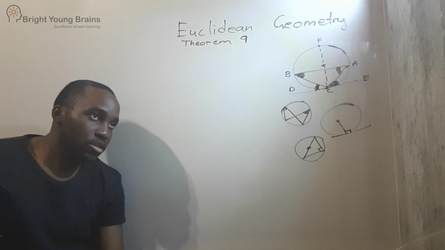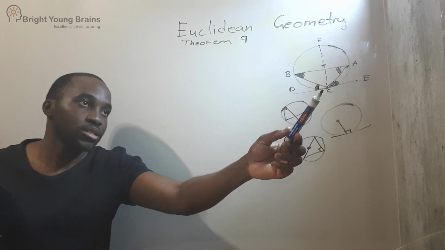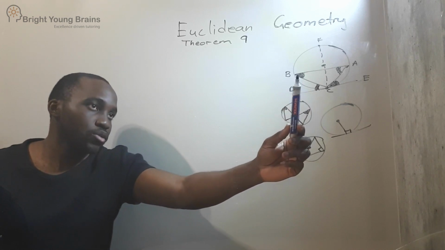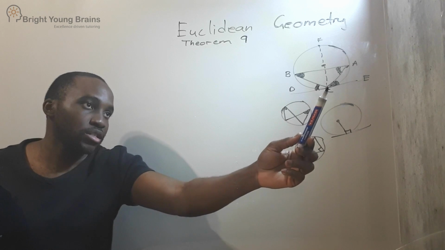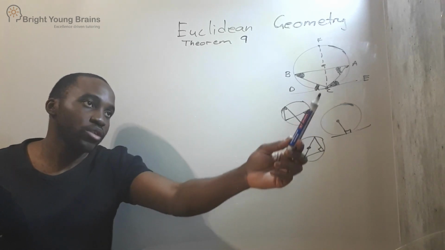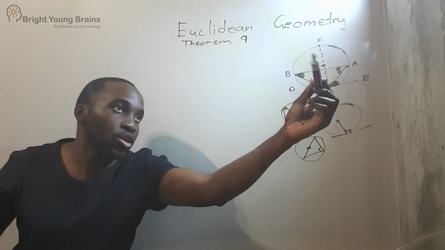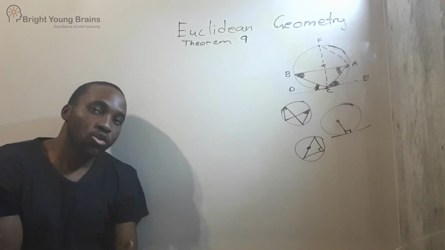Firstly, if they were asking you to prove that BCD is equal to BAC, then your construction would have the diameter of your circle, and you always make sure that your other dotted line goes to A.